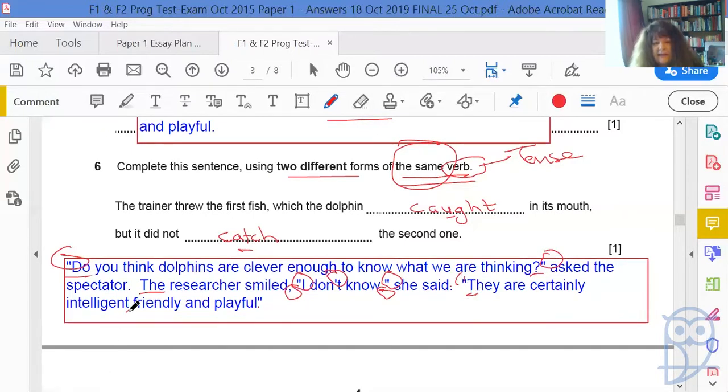They are certainly intelligent, comma, friendly and playful, full stop, close inverted commas. So you see how many marks are included in this. There must be about 12 things you need to know just for those little sentences. So make sure you're very careful with punctuation, particularly dialogue punctuation. They always ask that one.